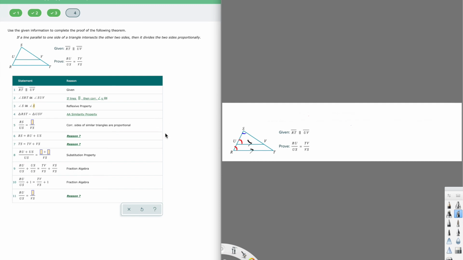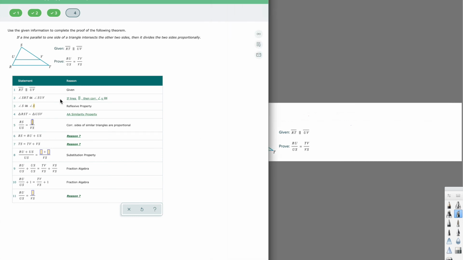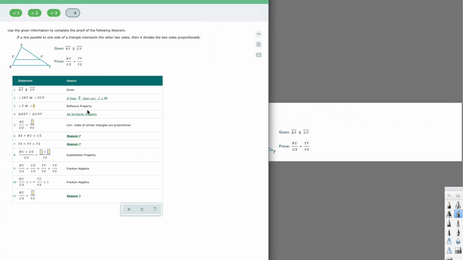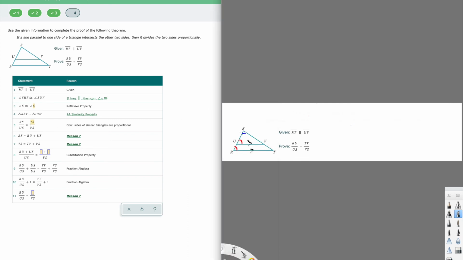So if I have RS, which is the whole length, and US, then if I do the same thing on the other side, ST, which is the whole length, and VS, so this one I want to make sure it's, darn it, TS. I'm not sure if it would ding me for going the other direction, but TS, because they went RS, so I'm going TS from the bottom, just to make sure I'm going the same direction they're going for whatever reason. So similar triangles are proportional.